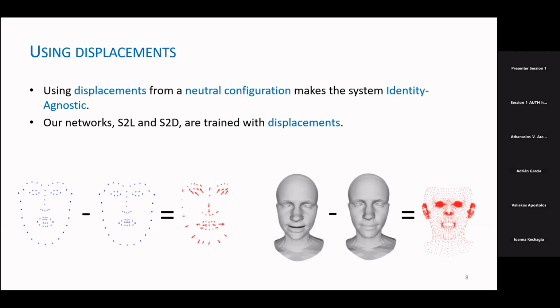These displacements are vectors that represent the difference between the neutral face and the animated one. You can see that these red vectors have a larger magnitude for the points that move more with respect to the others, in particular around the eyes and around the lips for the speech.